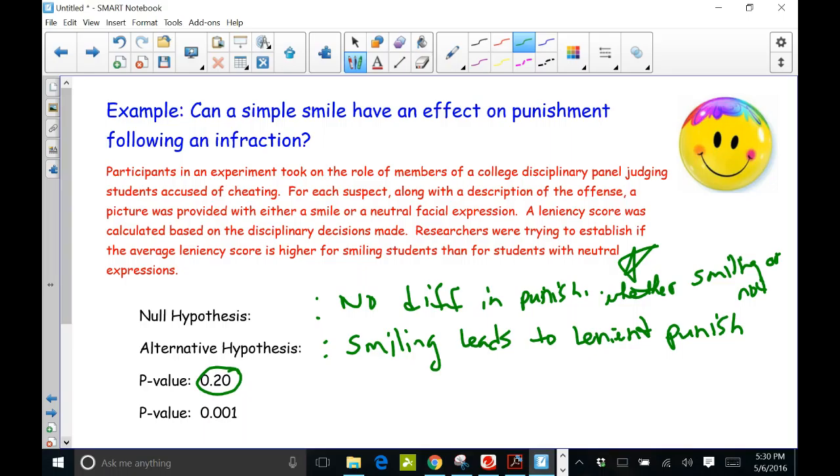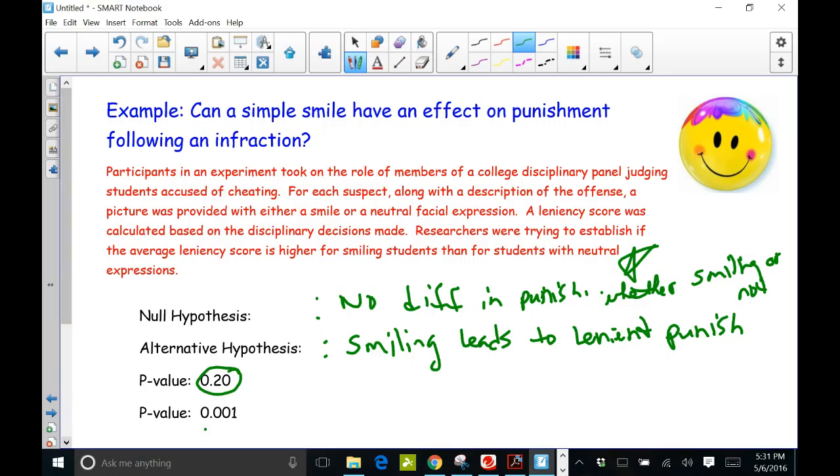Given the null is true, and there's no difference in punishment whether they're smiling or not, we would observe the results that we did from the experiment, or at least that unusual, 20% of the time. Is 20% something unusual which would make you doubt the null is true? Absolutely not. 20% could happen very easily. I tell you there's a 20% chance you're winning the lottery, you're all going out and buying lottery tickets.